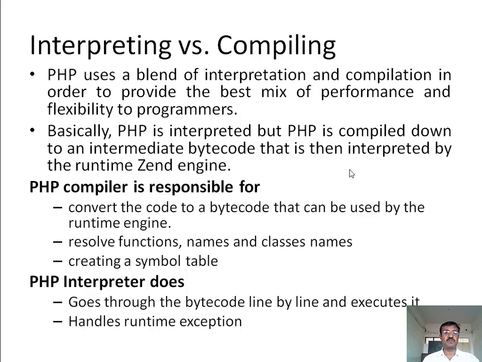So these are all the responsibilities of the PHP compiler. Then the PHP interpreter goes through the bytecode line by line and executes it, and it handles the runtime exceptions. In this way, PHP utilizes the best features of both the compiler as well as the interpreter.